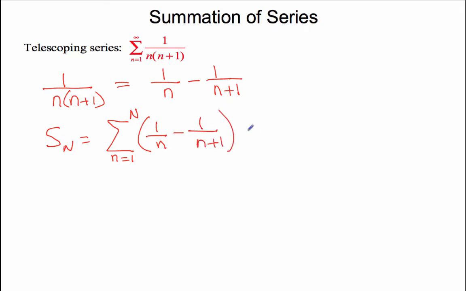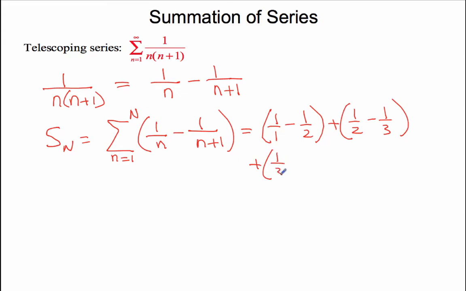Now, what is this equal to? When n is equal to 1, I have 1 over 1 minus 1 over 2. When n is equal to 2, I get 1 over 2 minus 1 over 3. Then when n is 3, I get 1 over 3 minus 1 over 4.